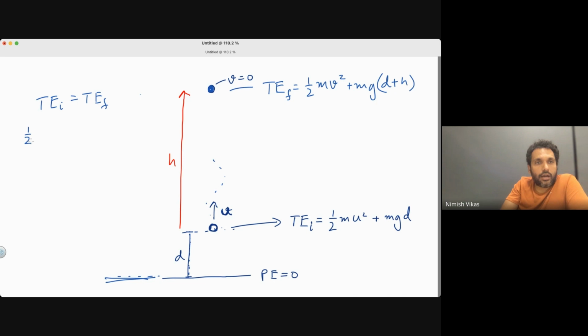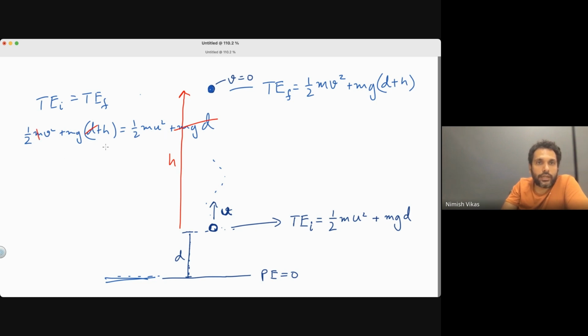So what do we get? We get half m v square plus mg(d plus h), which is the final one, is equal to half m u square plus mgd. You can clearly see that this mgd was very uselessly taken. It gets cancelled away. And what remains is half m v square plus mgh is equal to half m u square.